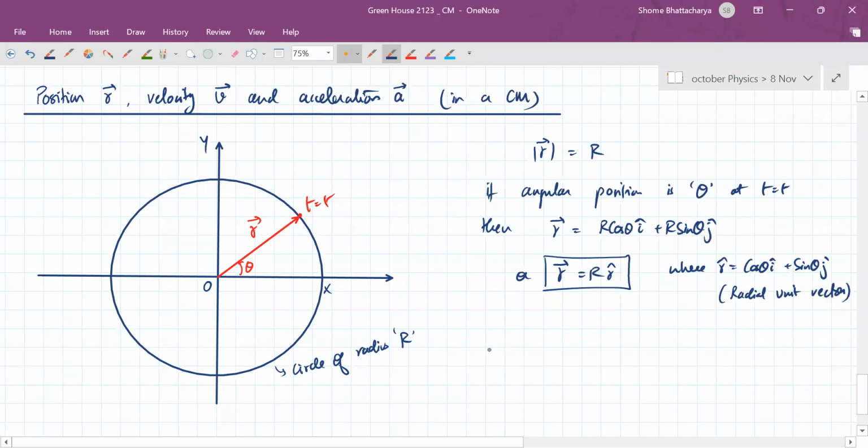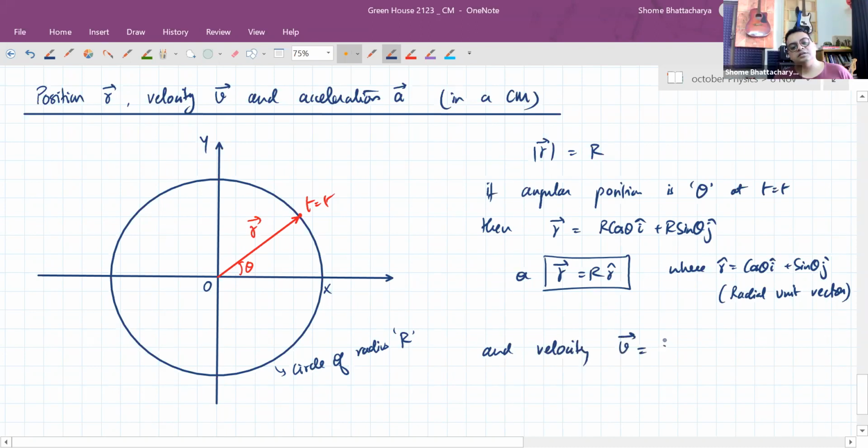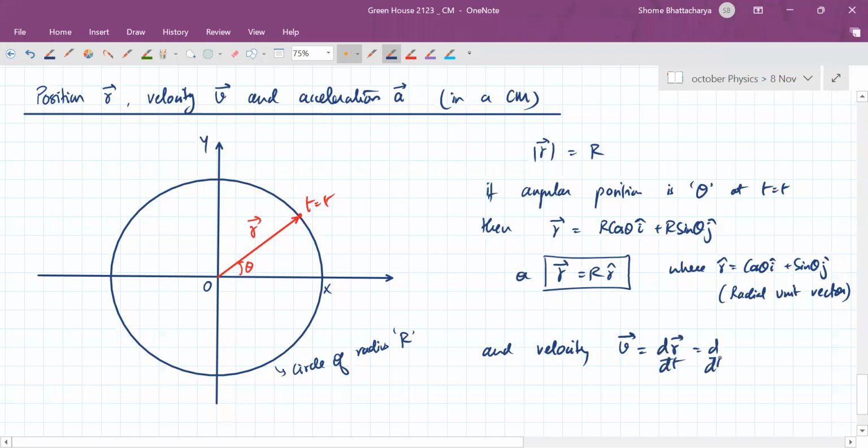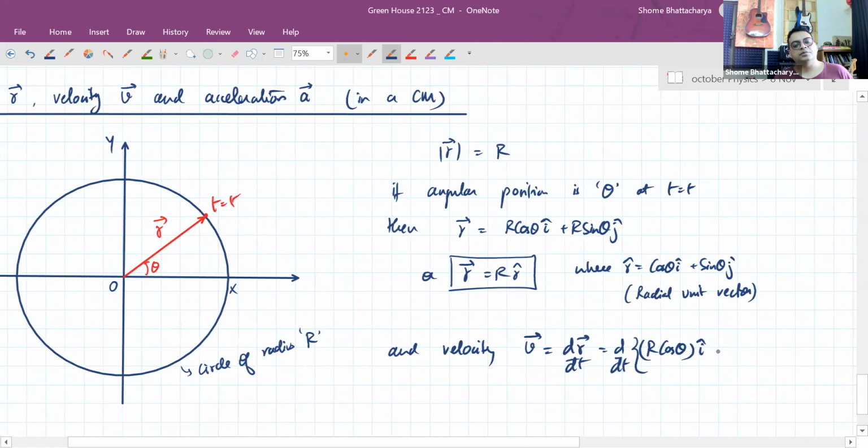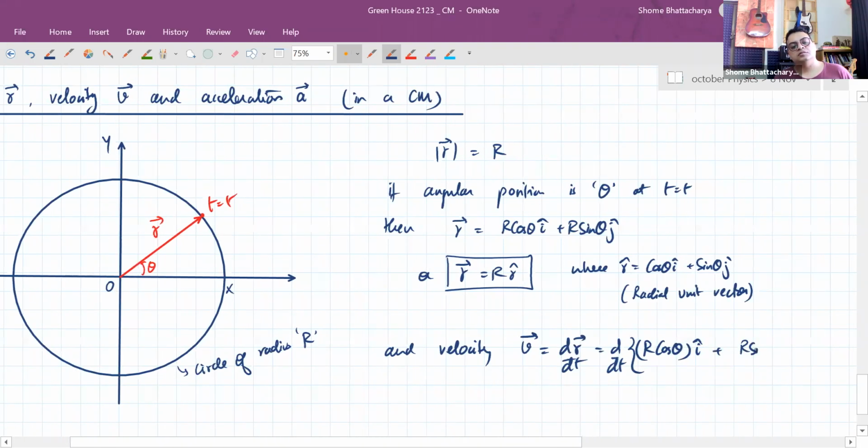So now we come to velocity. Instantaneous velocity is defined as the rate of change of position. So we have to now differentiate this whole term, R cos theta i cap plus R sin theta j cap.